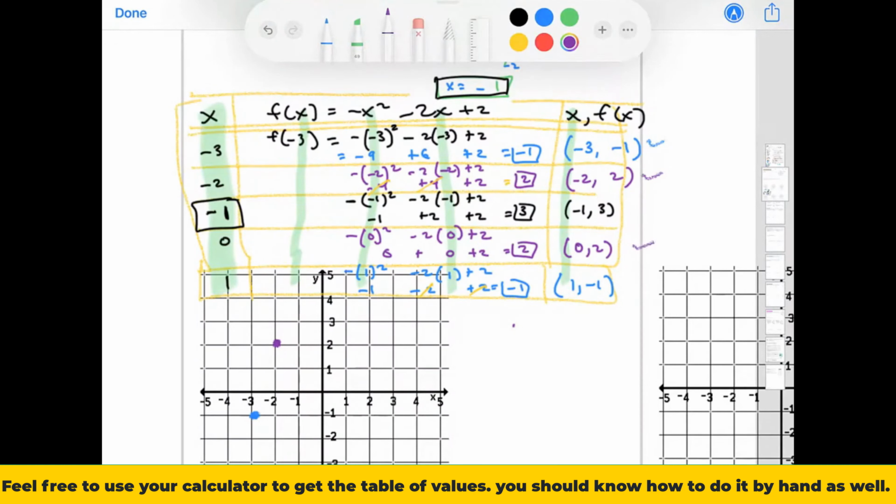And I'm going to do this one, because I have my purple pencil out. 0 on the x-axis, 2 on the y. Negative 1, 3, so left 1, up 3. And 1, negative 1, right 1, down 1. There is our parabola.